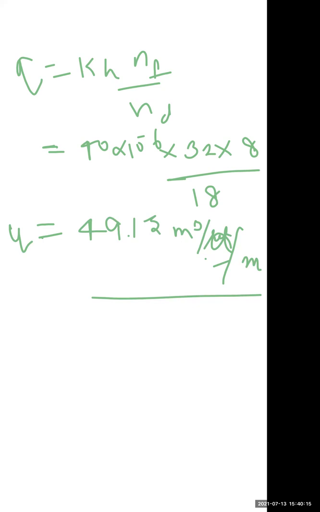By using the formula, discharge per unit length equals K H NF by ND. This is the seepage loss per day, and this is the value of seepage loss discharge per day under the hydraulic structure.